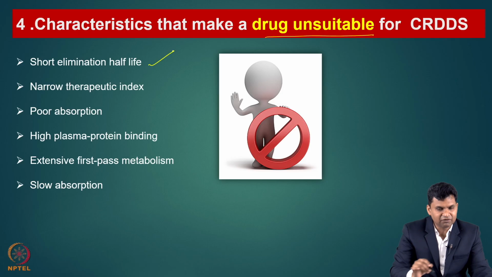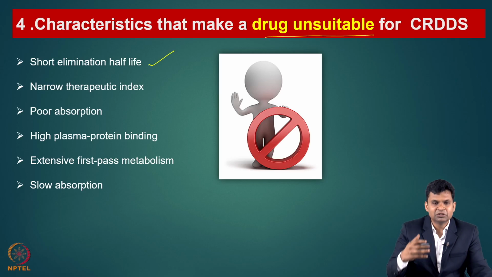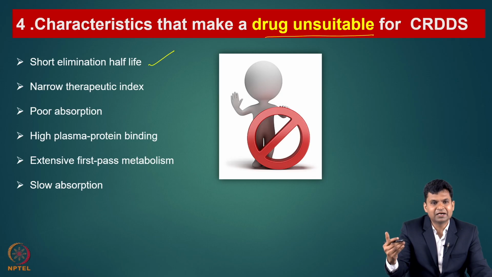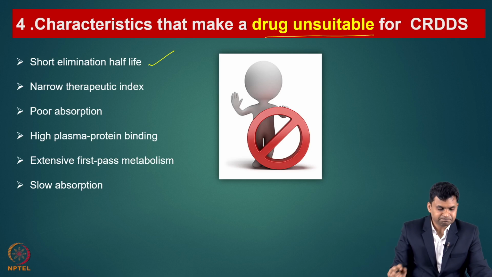Short elimination half life is one, and it needs to be overcome. If a drug has a short elimination half life, then even if you give a controlled release formulation, the drug will release and reach the blood, but if the half life is very short, there is no use in converting it into a controlled release drug delivery system.